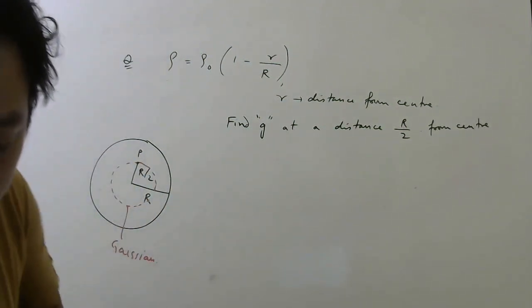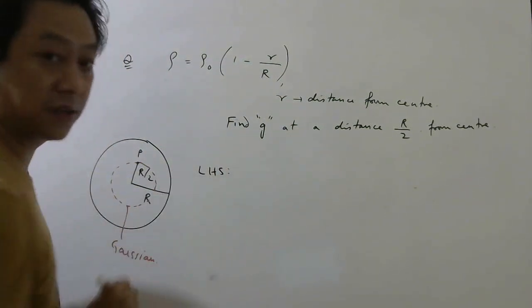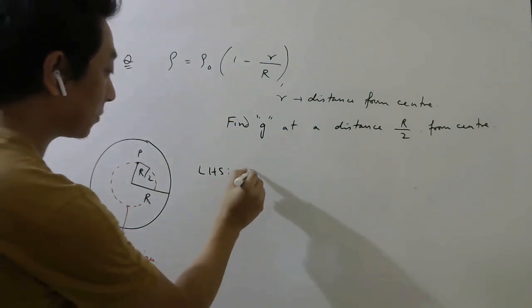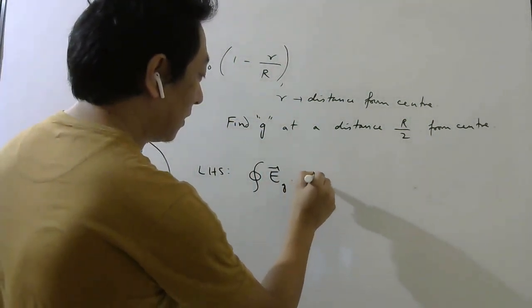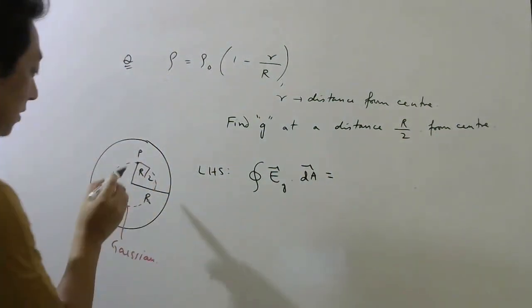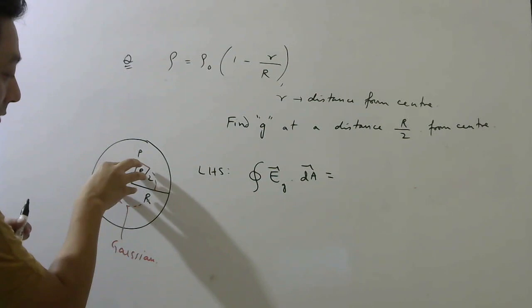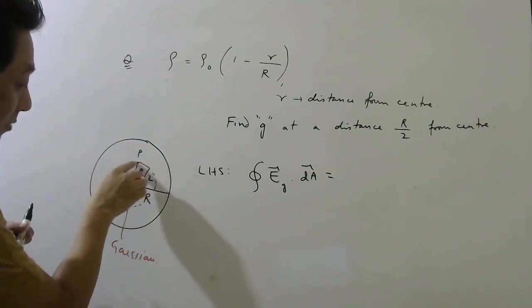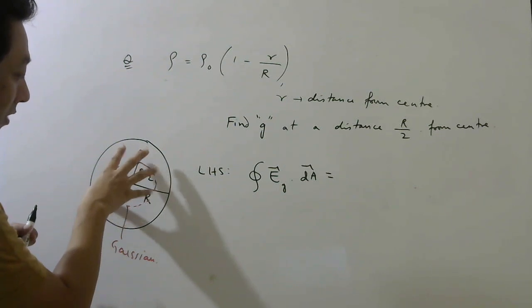Then the left hand side of Gauss law is the closed integral of E dot dA. Now you can see the electric field will be radially inwards. The area vector will be outwards, right, for every small part of this surface. So the area vector is outwards, the field is inwards.